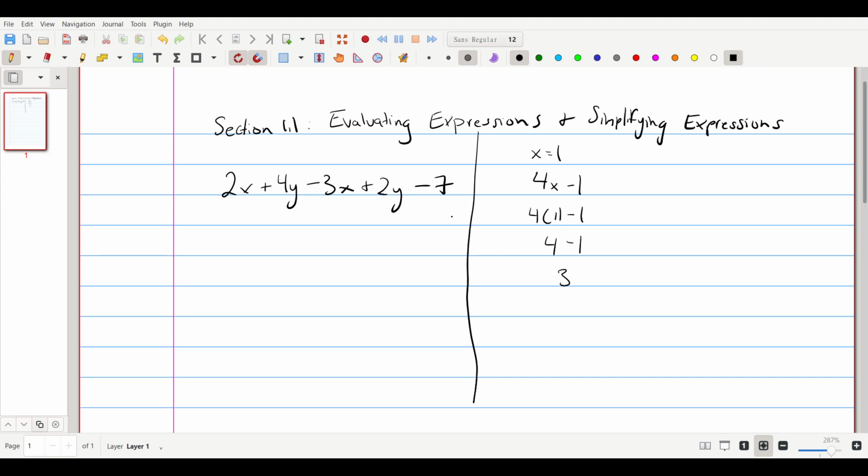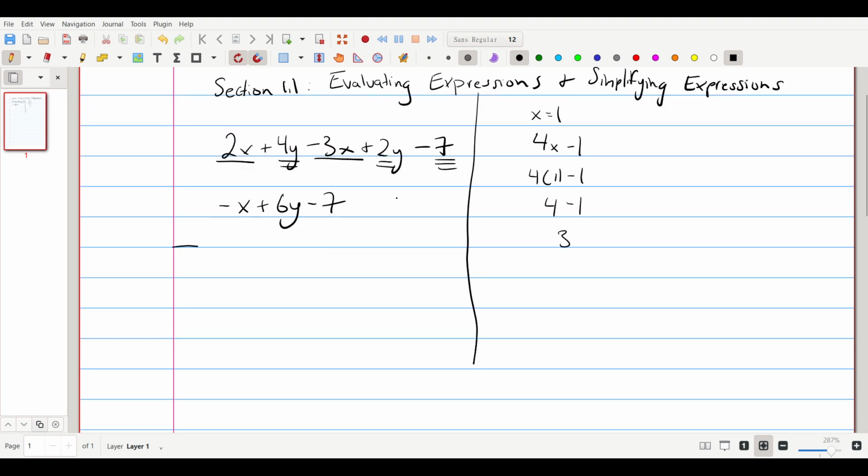And so we see that here's an x here, here's an x there, there's a y there, and then there's a regular number there. So 2x minus 3x, right? That's negative x. 4y plus 2y, that's 6y. And then we only have one regular number, so it's just minus 7.